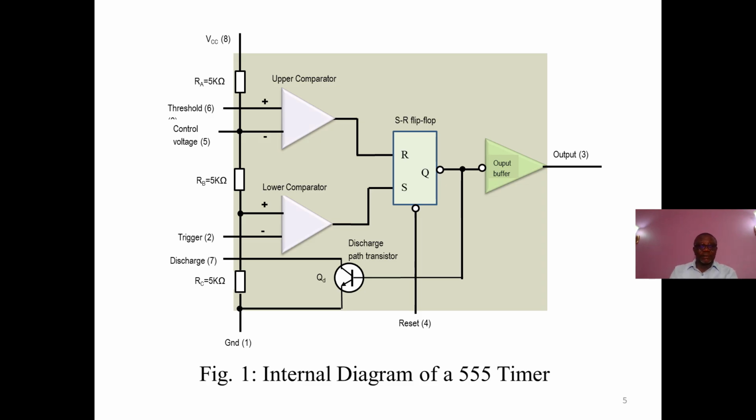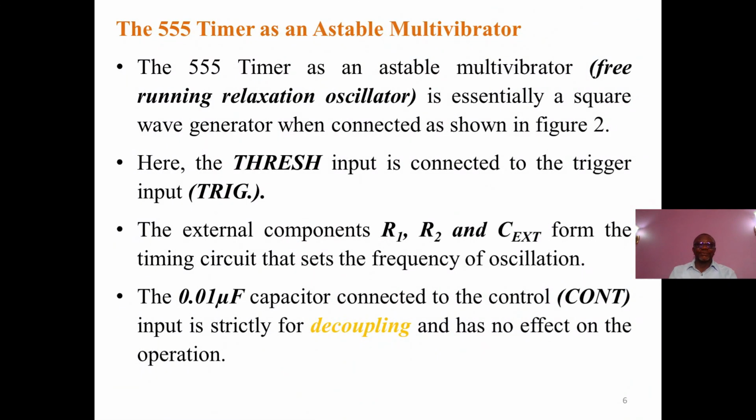So you see pin 1 is the ground, pin 2 is the trigger, pin 3 is the output, pin 4 is the reset, pin 5 is the control voltage, pin 6 is the threshold point, pin 7 is the discharge pin, while pin 8 is the VCC, that is the supply voltage. So let's see how it works.